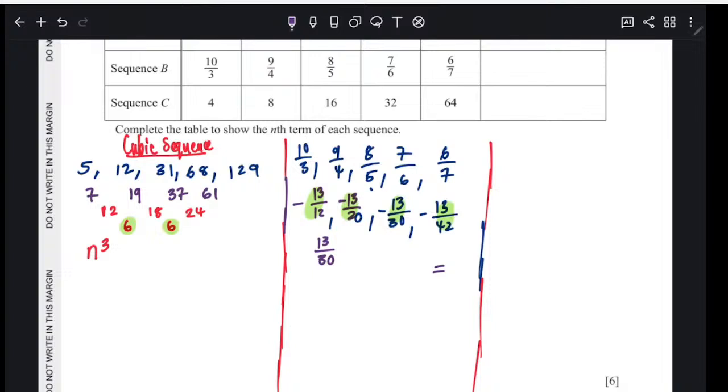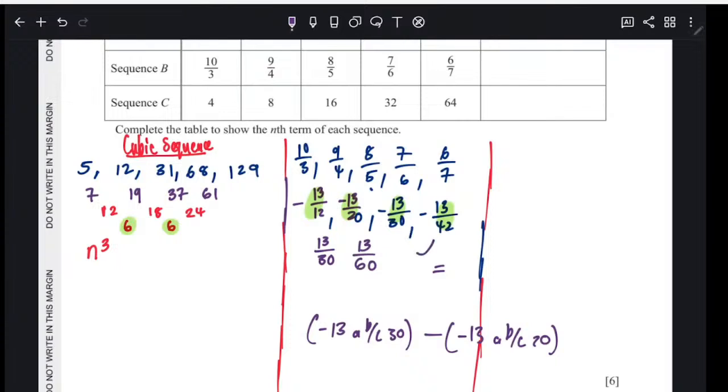Open bracket, negative 13, then you say AB over C, 30, means over 30, minus, open bracket, negative 13, AB over C, 20. What do you get? Students, Lekako, what do you get there? 13 over 60. I agree with you.